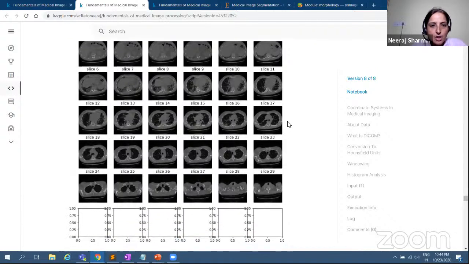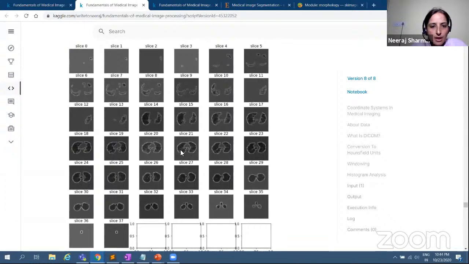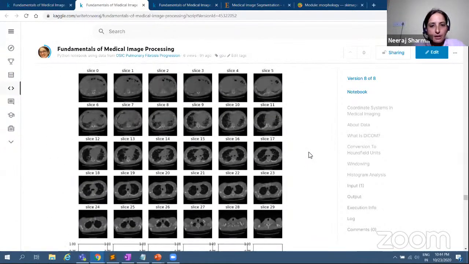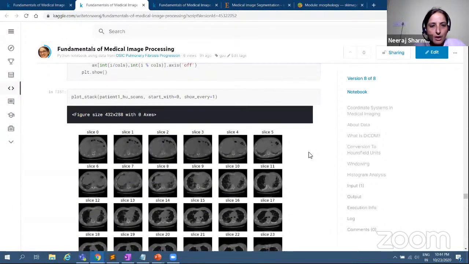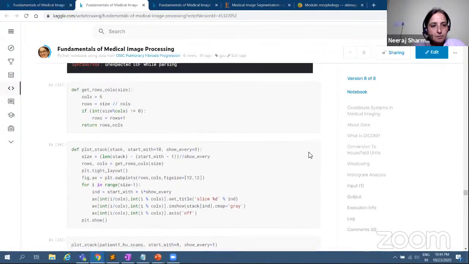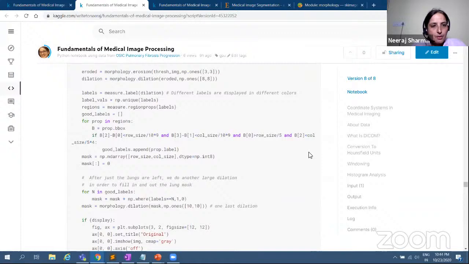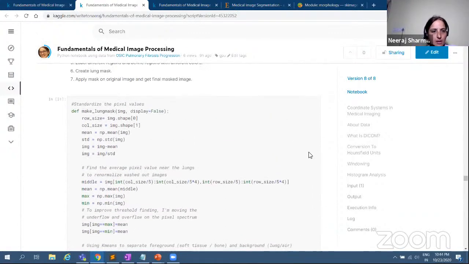But segmentation will actually give only the lung portion. So definitely CNNs will work better if we can give only the region we are interested in. How are we getting it? So this is how we are getting it.